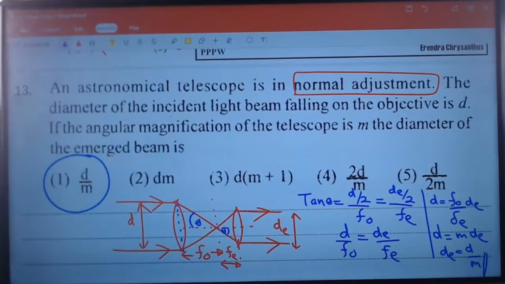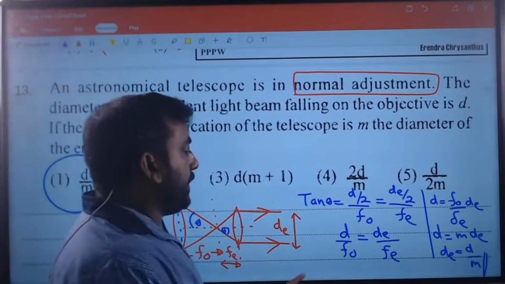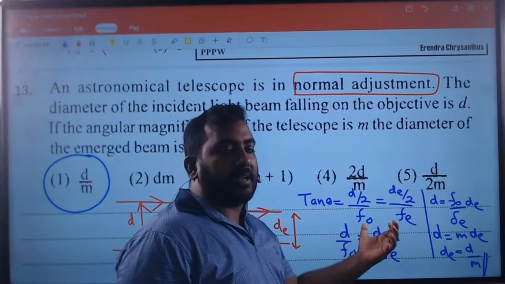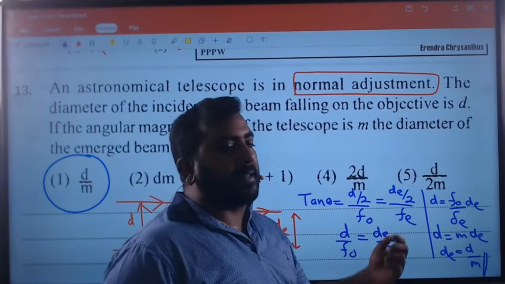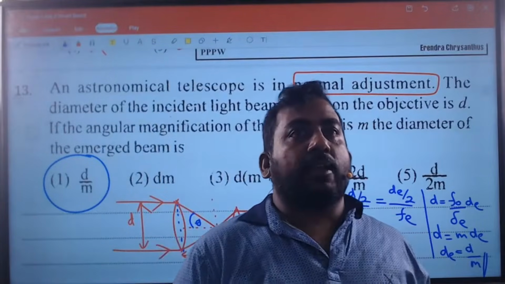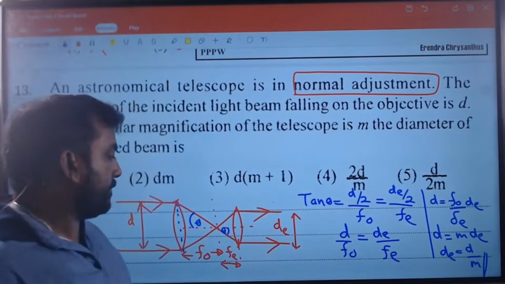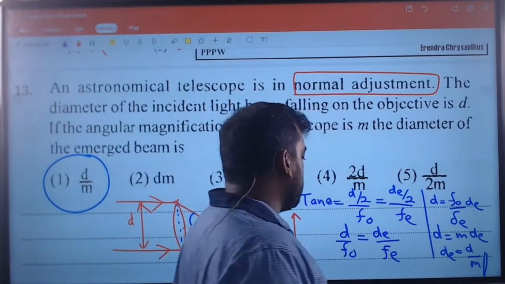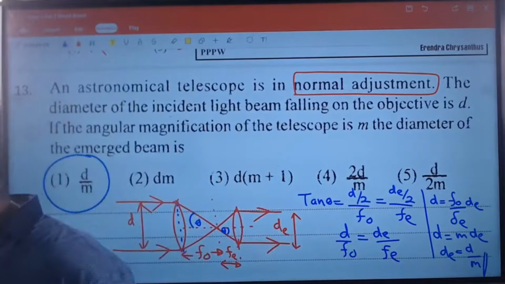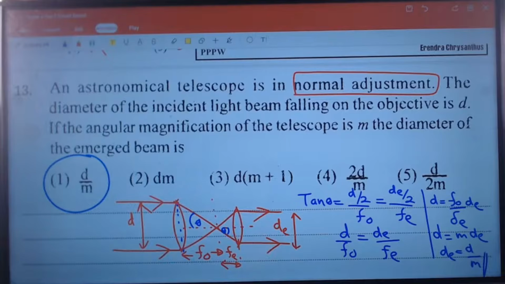That's right. Using geometry, we can find the relationship between the diameter of the objective and the eyepiece with the focal lengths.